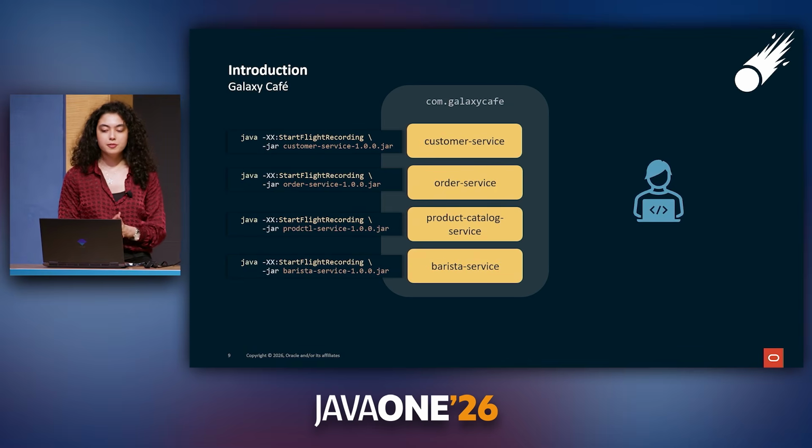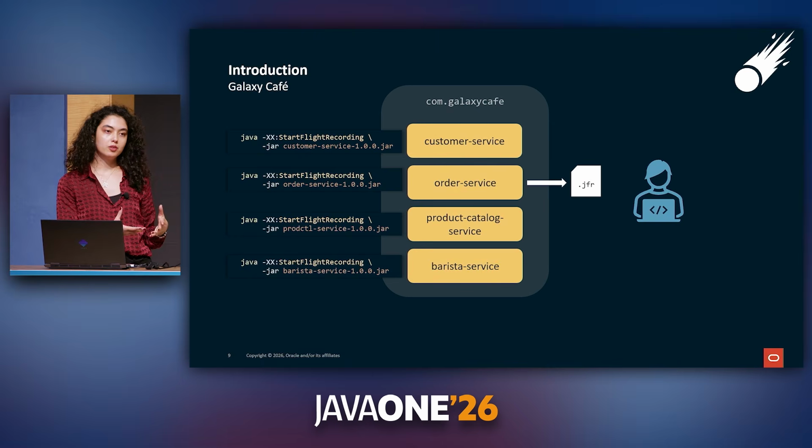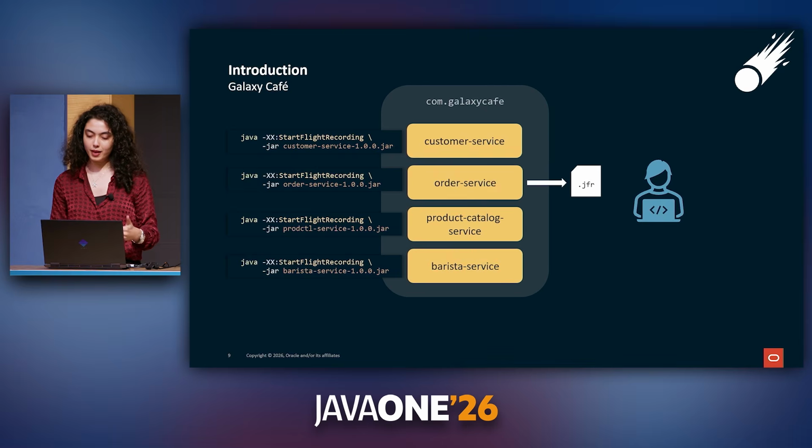So now, if we notice a disturbance in the performance, for instance, maybe in order service, an engineer can log into that machine, run a JFR dump and download the recording, open it in Java Mission Control, and analyze it to understand what went wrong. However, this might be quite cumbersome because the problem might not be in the order service.